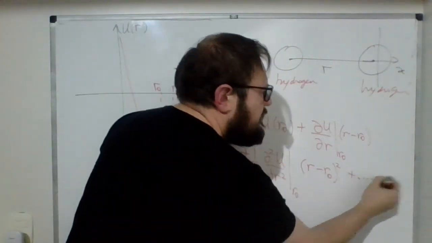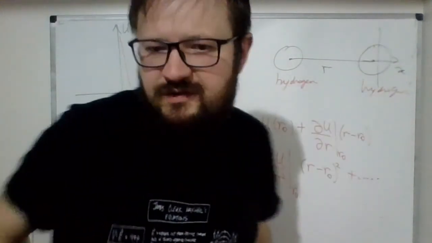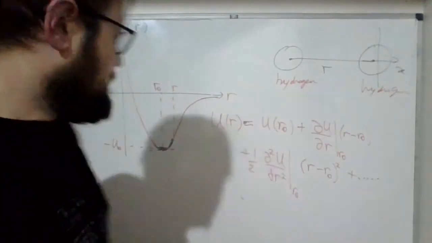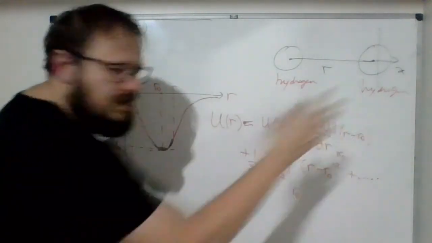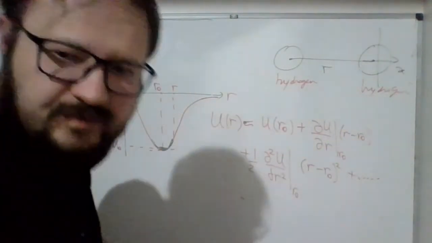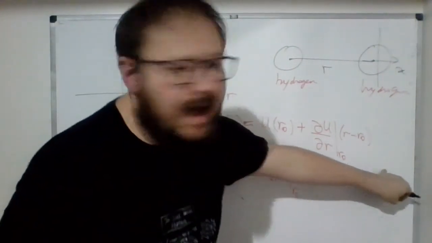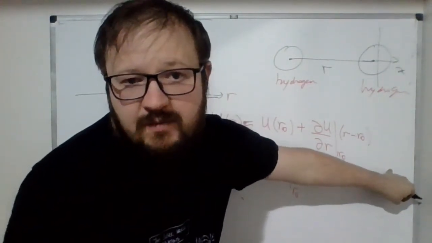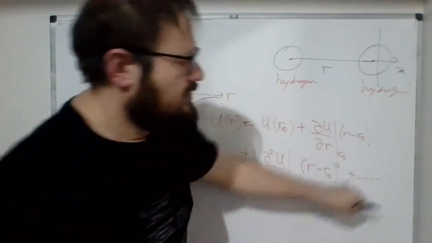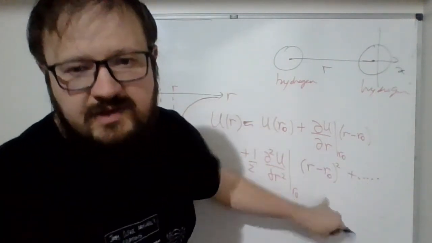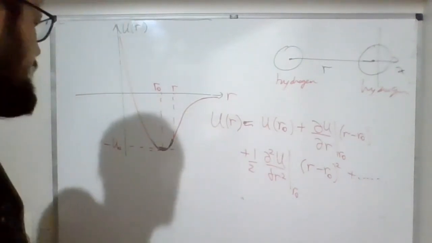Plus, it is a Taylor series. It goes to infinity. But if this distance is not too large, higher order terms will become vanishingly small. So you can just terminate your series here to second order, right?